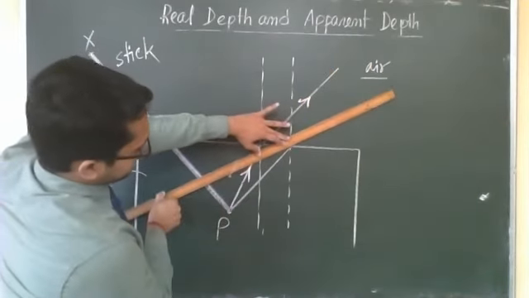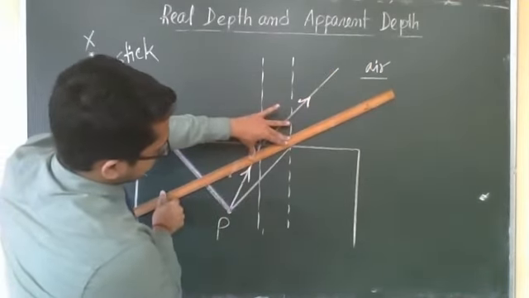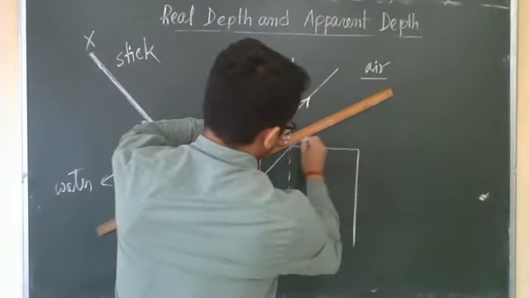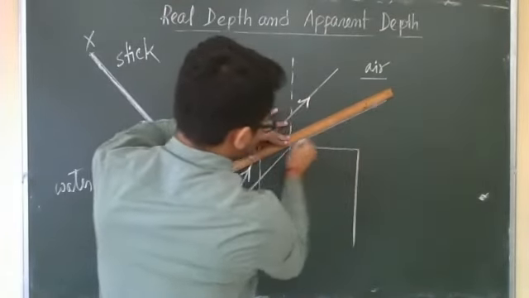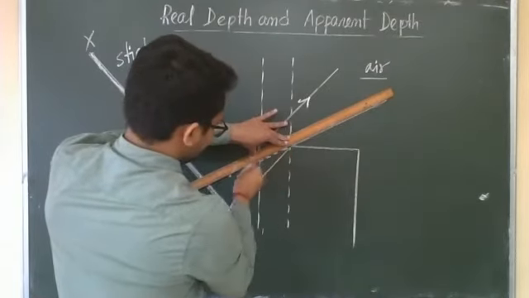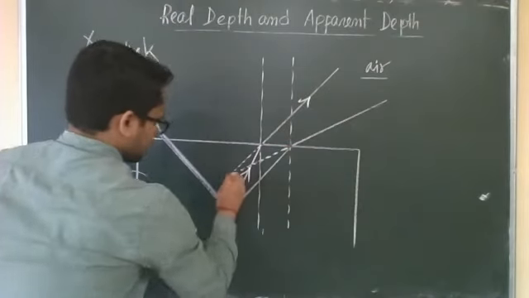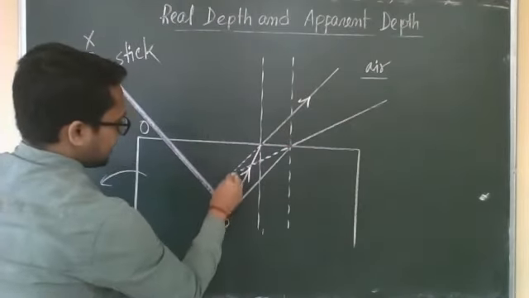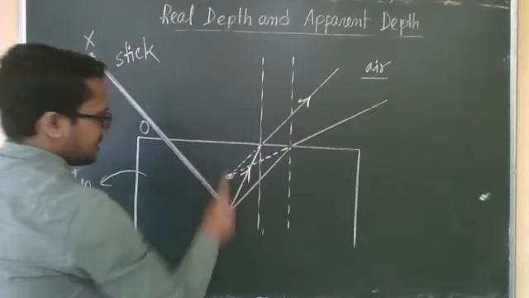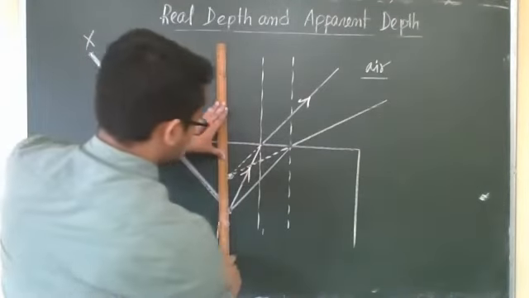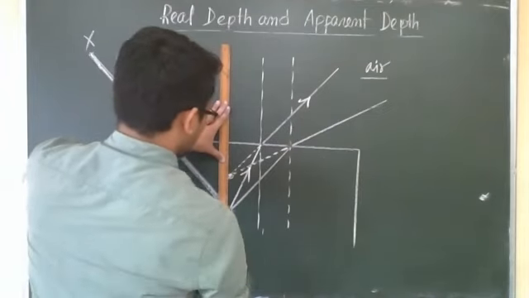Follow the process, otherwise you will make a mistake. So this point will go up. P point will come here, that means exactly above, not any other point.